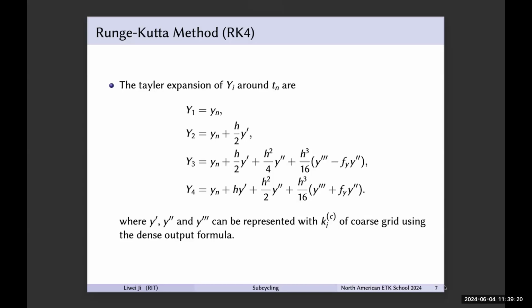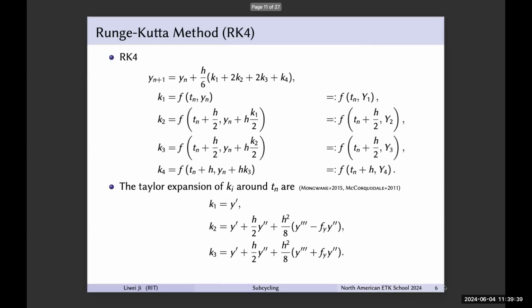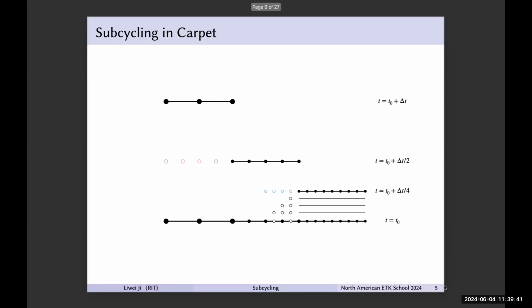And right now the stage state can be represented with yn and y prime, basically yn and the derivative of y. This stage state y is what we need at those points before we move forward.